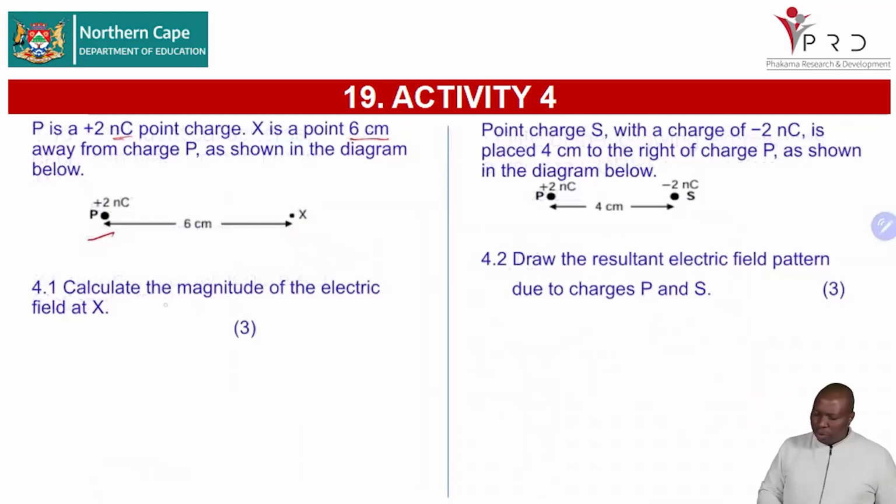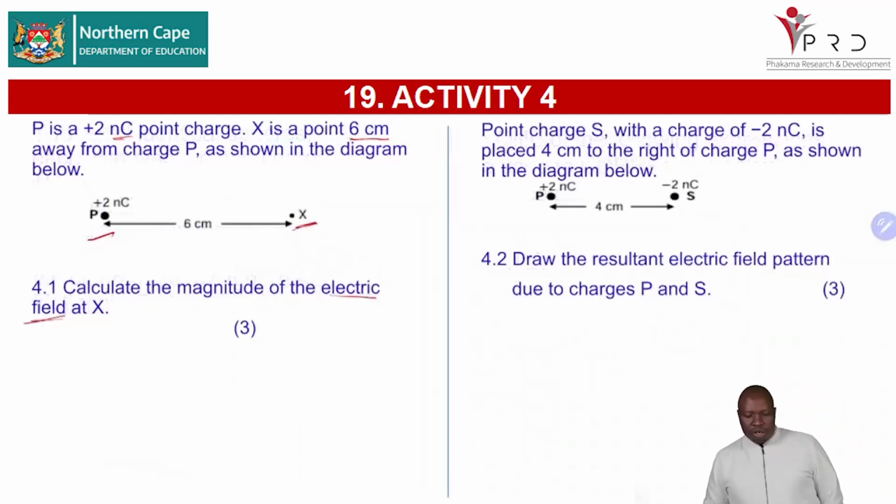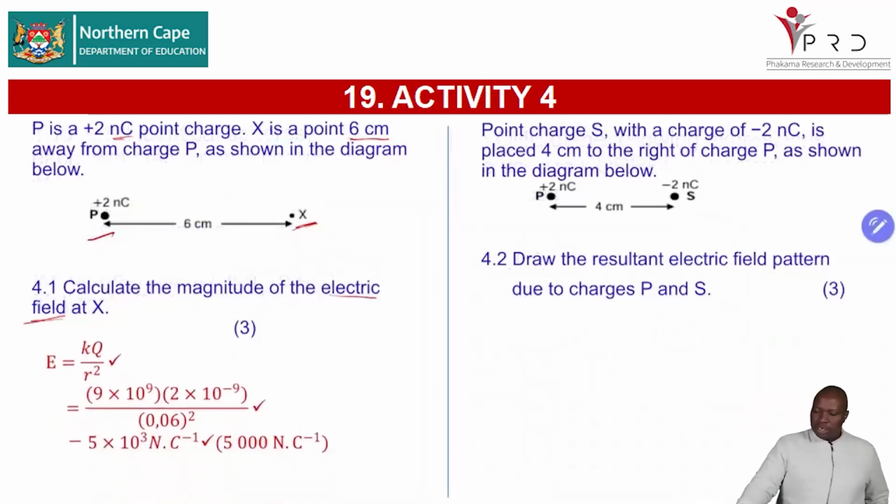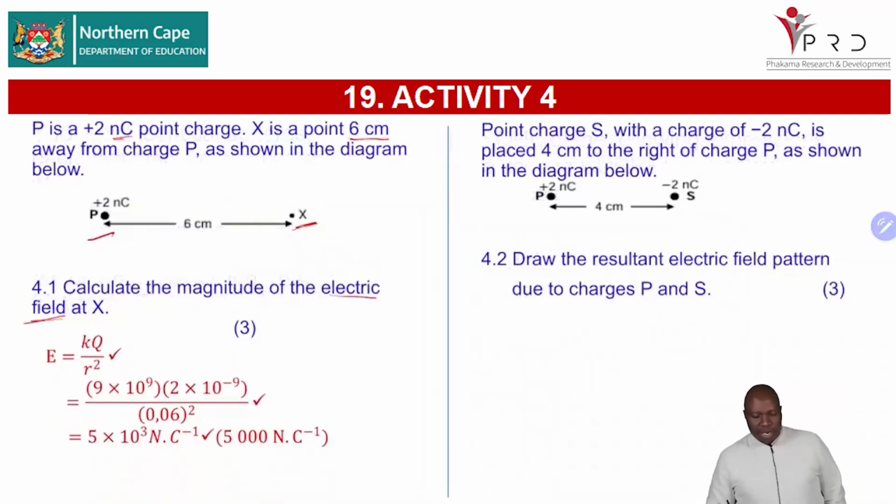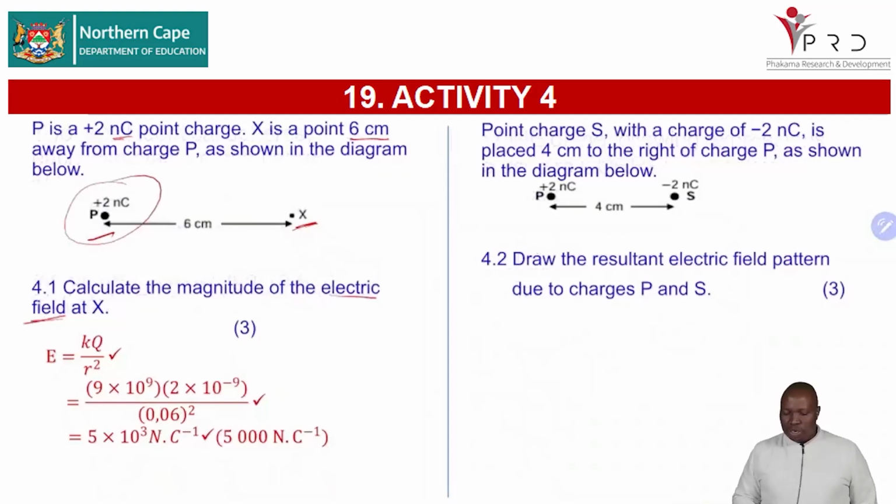Now the question was, calculate the magnitude of the electric field at X. You know that the electric field at X can only be contributed by this 2 nanocoulomb charge, which is our point P. With no difficulty, you will say E equals KQ over r squared, and then you use 2 times 10 to the power of minus 9, because that is nanocoulomb.